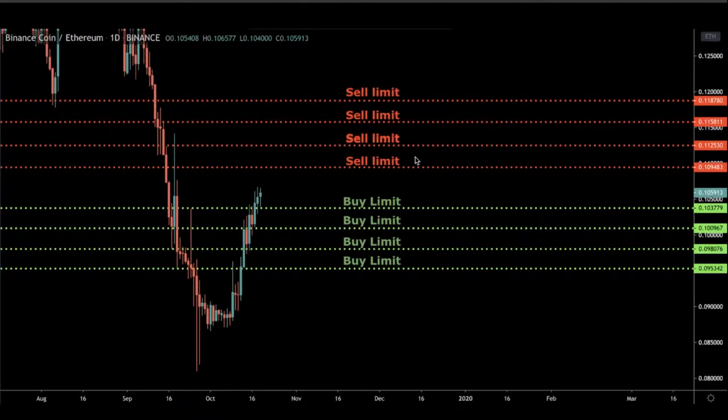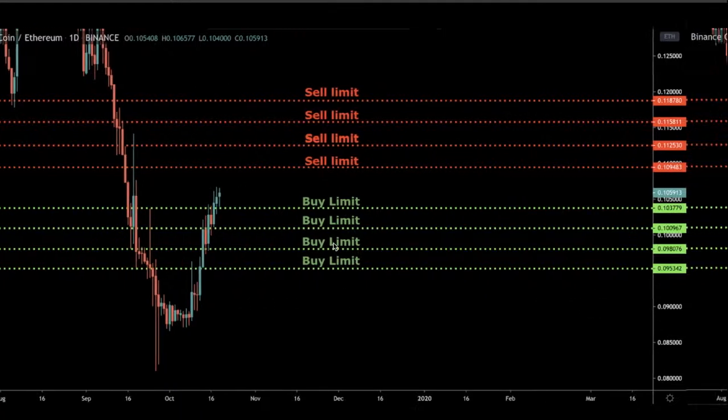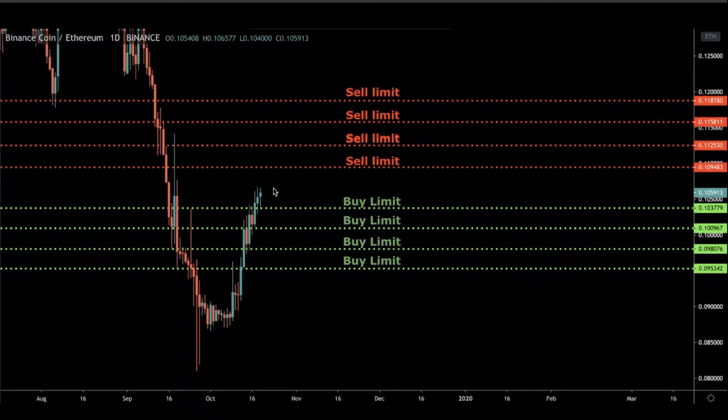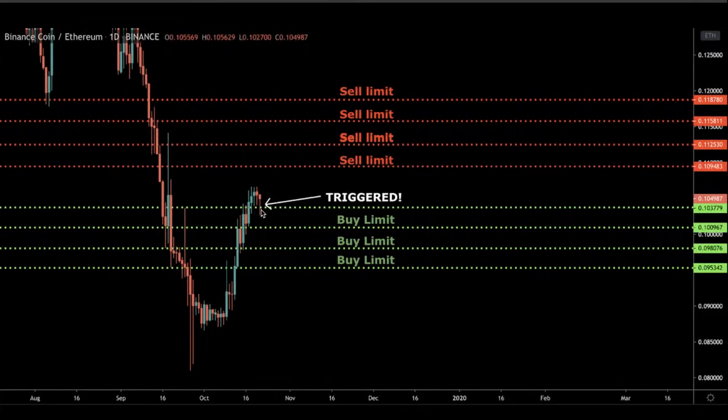Imagine that we have 8 grid levels in total. Let's assume we have a 50-50 split, so we have 4 sell limit orders and 4 buy limit orders. The trading range is defined, and the price starts moving downwards, and you can see that it has triggered the buy limit order right here.